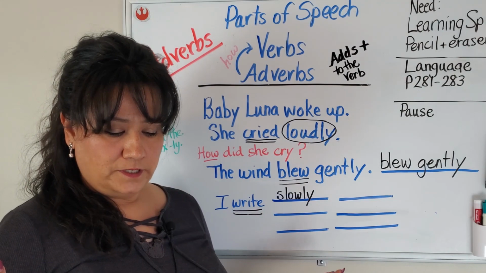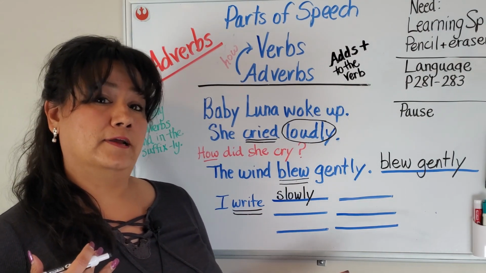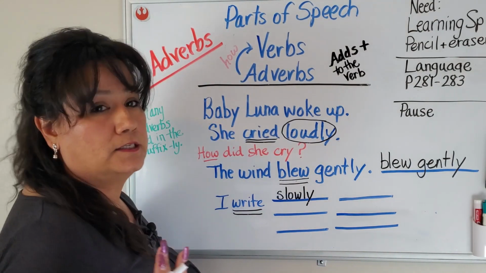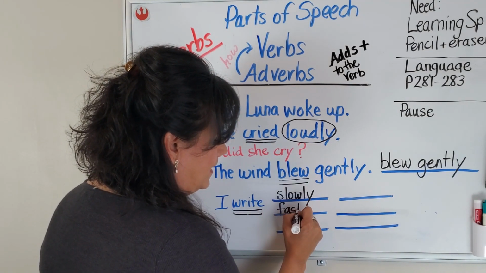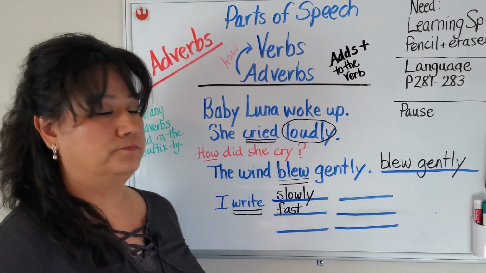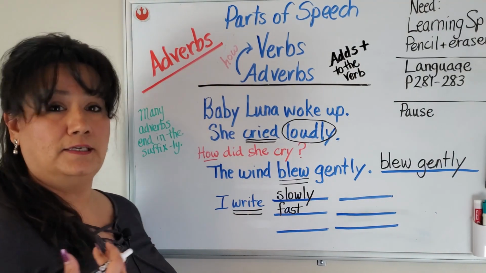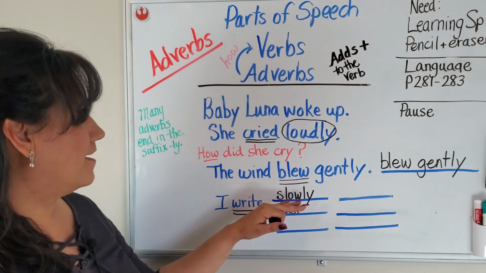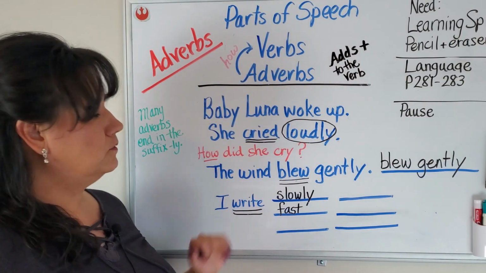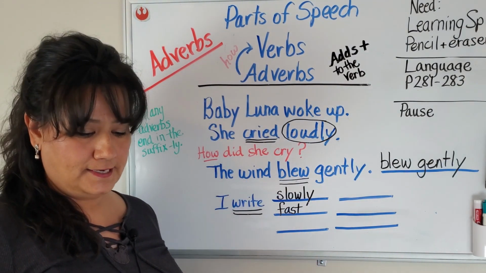You can always write the opposite of that, right? And the opposite of doing it slowly is doing it fast, so that you can write fast. So here we have two words that are opposite, which are called antonyms. Good. So we have slowly. I can write slowly. I can write fast.